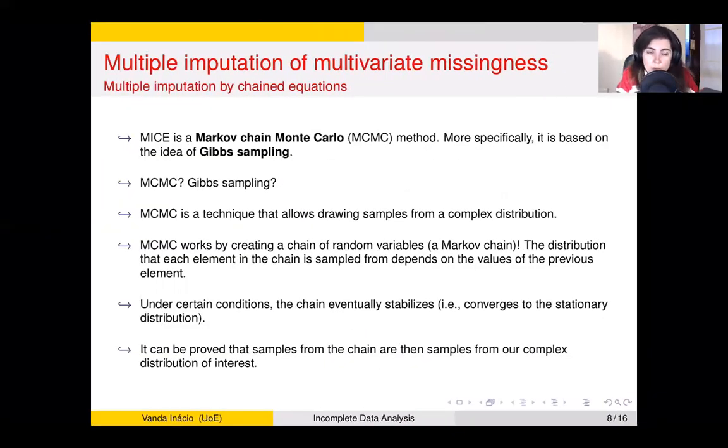Just to think, this is kind of an aside, but I think it's important. MICE, multiple imputation by chained equations, the algorithm or the procedure. MICE is also the package, but here MICE, the algorithm or the approach, is a Markov chain Monte Carlo method, and it's based on the idea of Gibbs sampling.